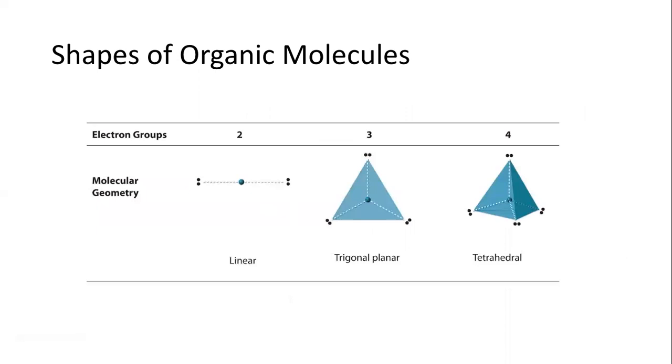And these should look familiar, where we're talking about the electron groups and how that dictates what that structure will look like. So we've seen before this linear structure with a 180-degree bond angle, this trigonal planar, which has 120 degrees, and then a tetrahedral, which has 109 degrees between these bond angles.